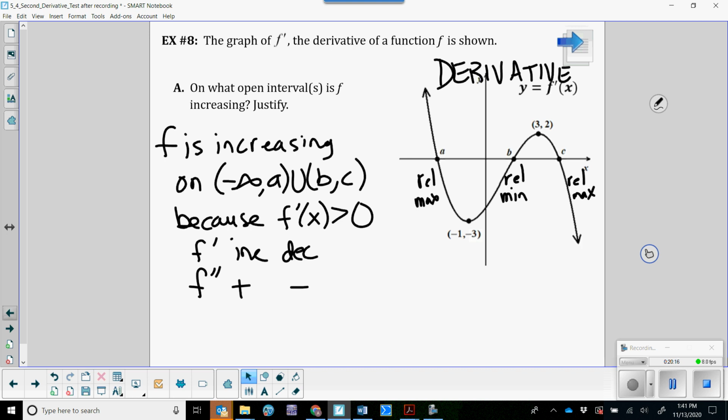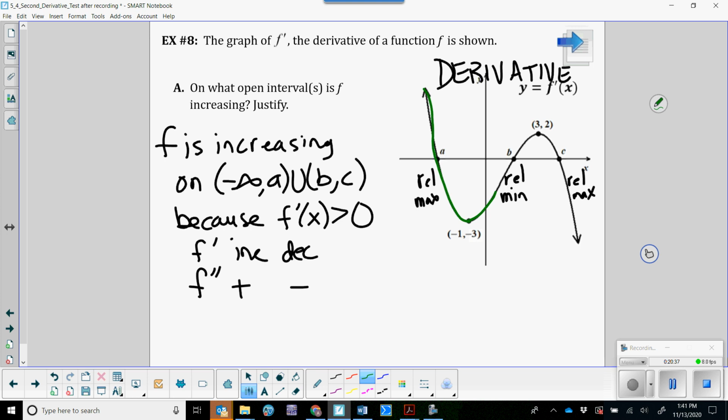One said concave up to down. One said f prime changes from increasing. So f prime is changing right here. It is decreasing and then changing to increasing.